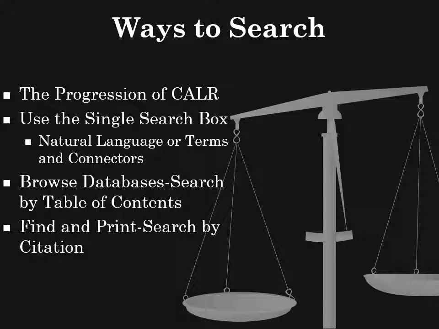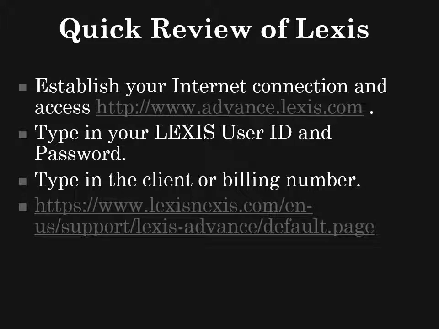But now you have the ability to use that plain English natural language search, well, Google type search, and then once you get what we call returns or hits, you can go in and narrow down what you find by using filters. And we will talk about those when we start working on those practice exercises.